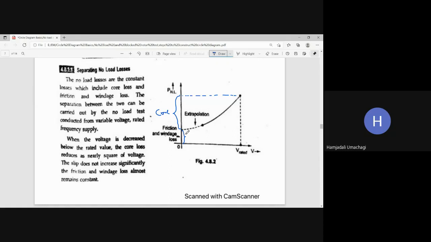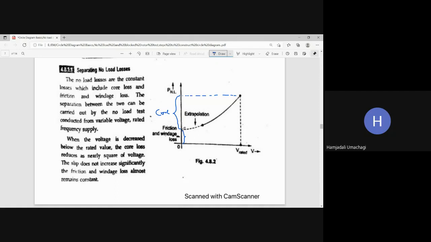So this is how we can separate the fixed loss, which is the sum of core and friction and windage loss. If you want to separate those, you should keep on decreasing the voltage till the machine comes to the resting condition where S will be maximum, that is S equal to 1. Once you attain this point, you should take the extrapolation till it touches the y-axis.